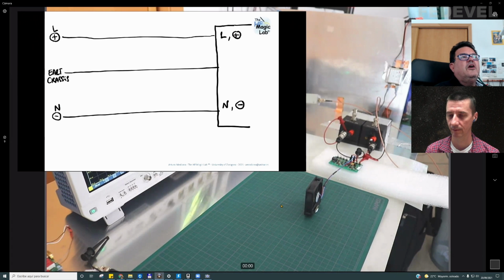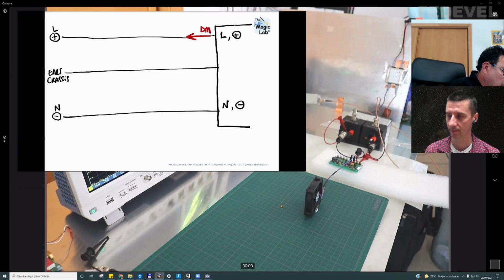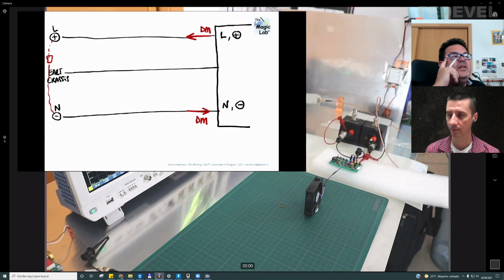It depends on the product. So the noise you are injecting in differential mode, returning through the negative, is related with how much is the impedance you have here. If the impedance is different, the noise you will be injecting is different.